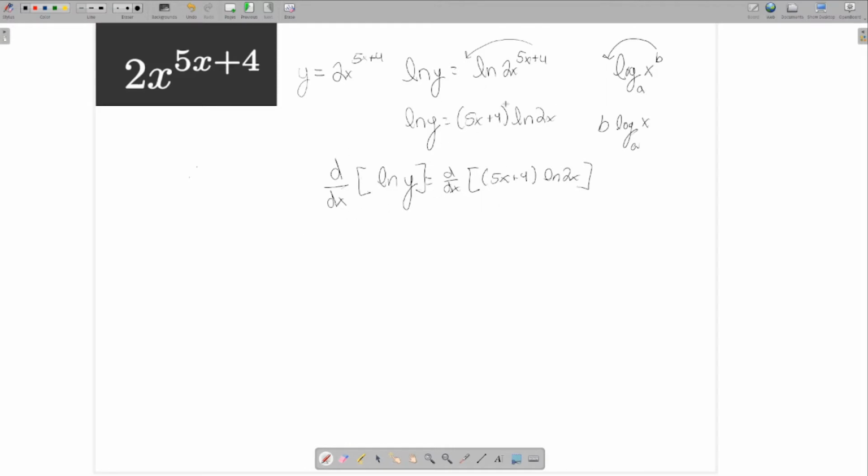Before we look at the right side, let's look at the left side first. Since we're taking the derivative of a function of y with respect to x, we need to use implicit differentiation.